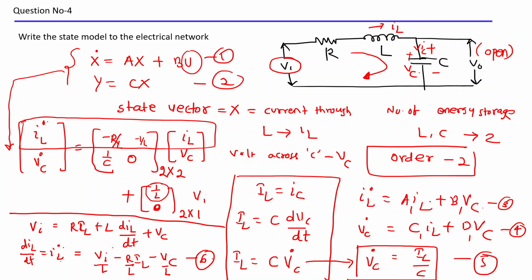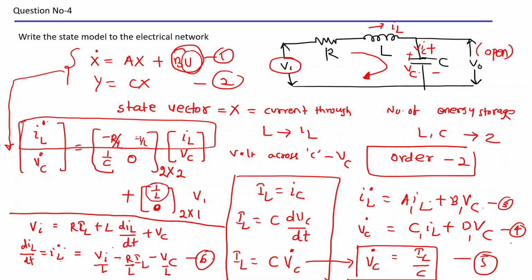So for IL dot, the coefficient of IL is minus R by L, so we put minus R by L. The coefficient of Vc is minus 1 by L, so we put minus 1 by L. Also, this is plus b into u, where u is the input Vi. So what is this coefficient? 1 by L.